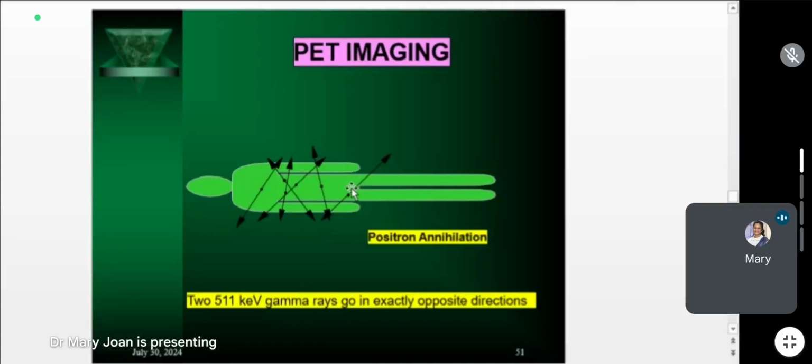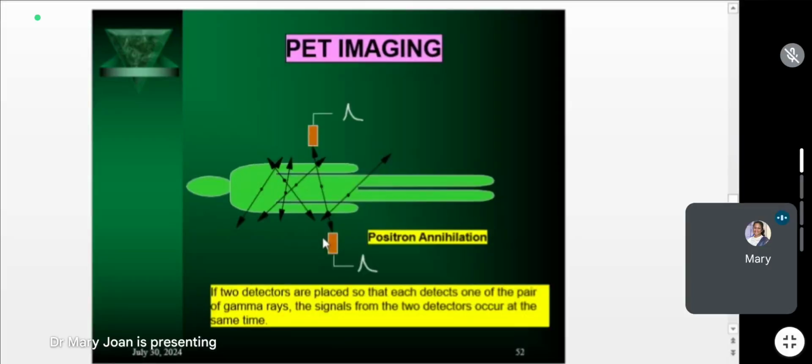All over the body, some annihilations will be taking place, giving rise to 511 keV photons. Since these photons go 180 degrees apart, in exactly opposite directions, we utilize the ring detector gantry formation for the detector pair to identify these two events.